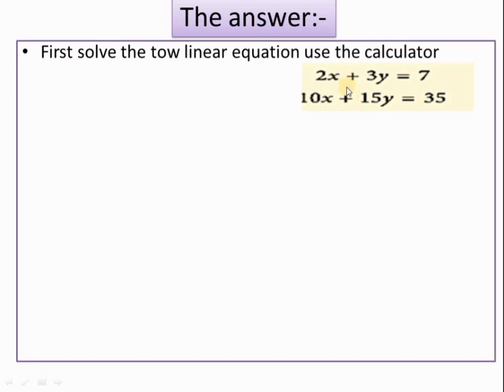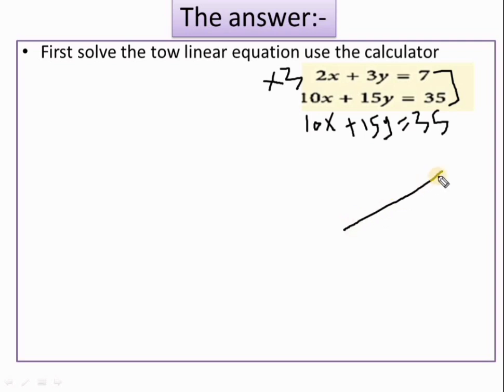You will find that I can multiply this equation by 3, so you will get 10x plus 15y equals 35. That means both the two equations are the same. That means the two lines are coincident.